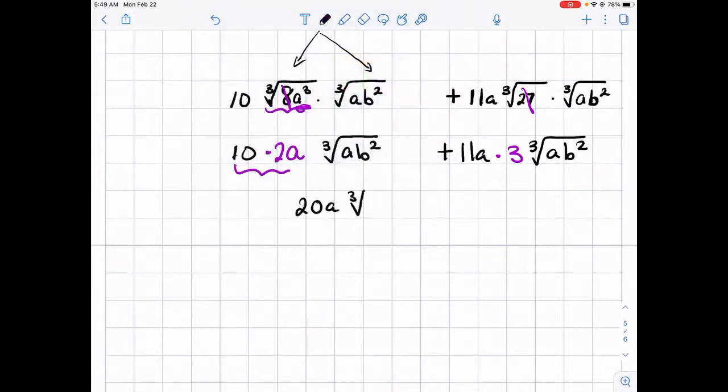The cube root of a b squared, plus 11 times, well, let's multiply it out. 11 times 3 becomes 33a, and we have the cube root of a b squared.